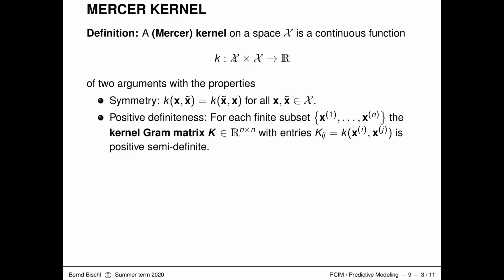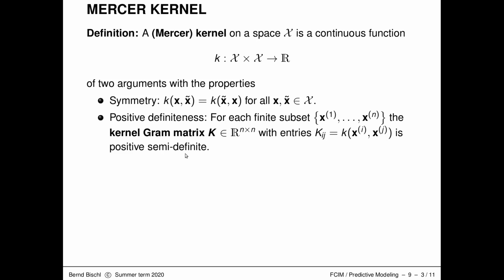We will later see that this space x can basically consist of arbitrary objects and will map to R. And the function shall have two fundamental properties. First of all, it should be symmetric. That makes sense. If that thing is something like a dot product, we know from elementary geometry that dot products measure angles between vectors. So in a certain sense, they also measure similarity.